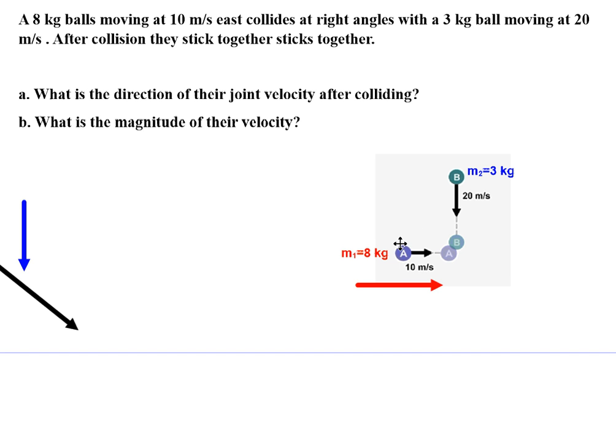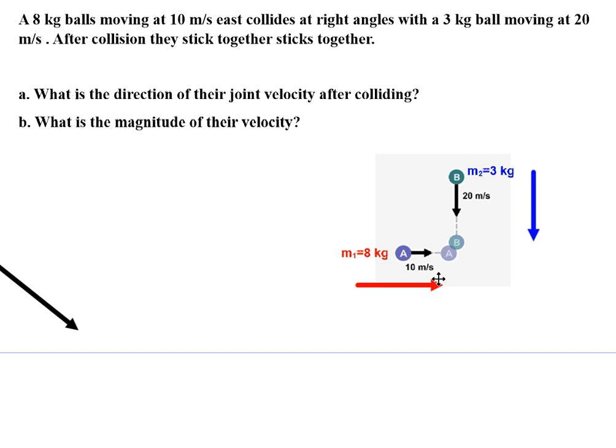The length of the arrow is the product of m1 times v1, or 8 times 10. It collides with a 3-kilogram ball moving south. This arrow represents its momentum. The length of this arrow is 3 times 20, or 60 kilogram meters per second. And the question is, what is the direction of their joint velocity after colliding?